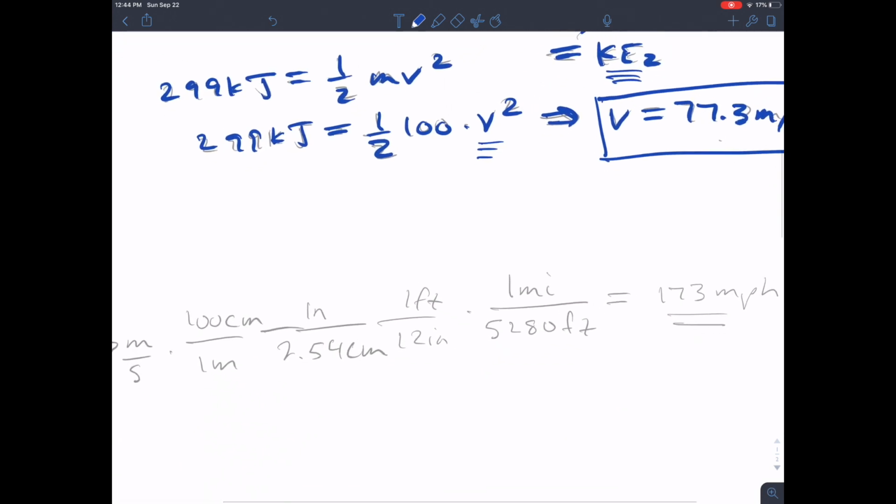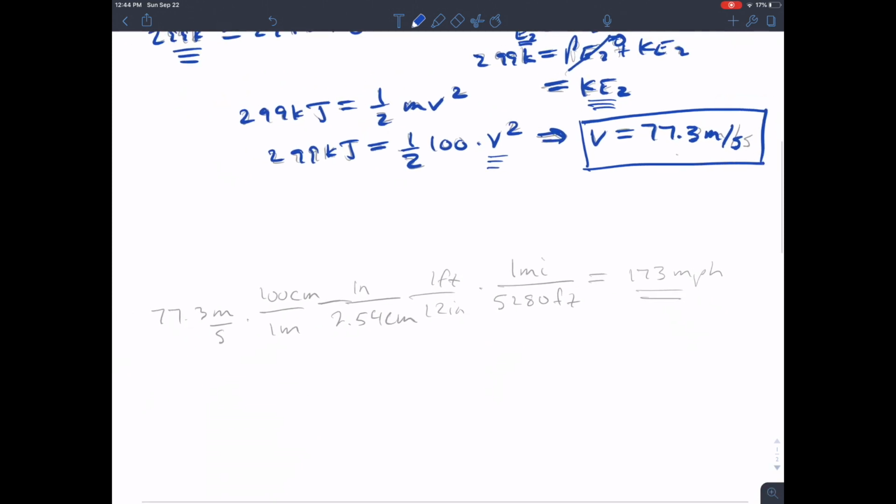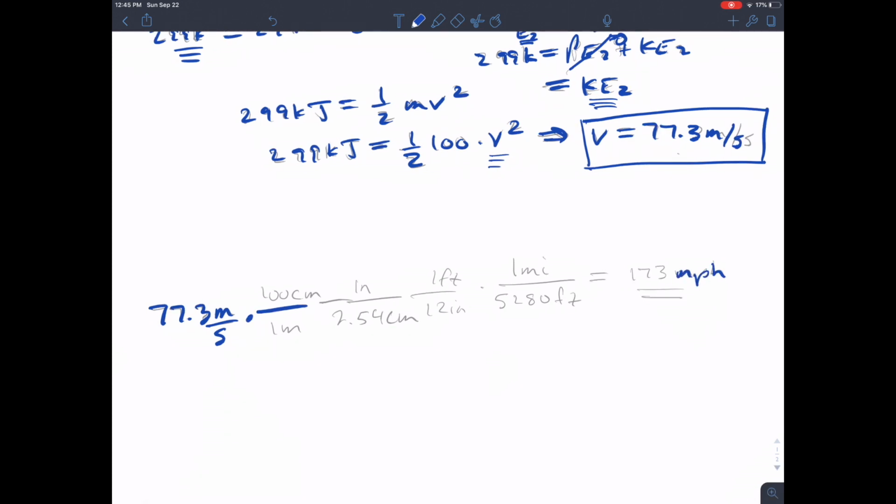Of course, I could have asked you, what is the velocity of the anvil in miles per hour? And we would just do the usual conversion step. So we're looking at meters per second, and then we convert this all the way across where we're looking to end up in miles per hour. So in 1 meter, 100 centimeters, 2.54 centimeters in 1 inch, 12 inches in 1 foot, and 5,280 feet in 1 mile.